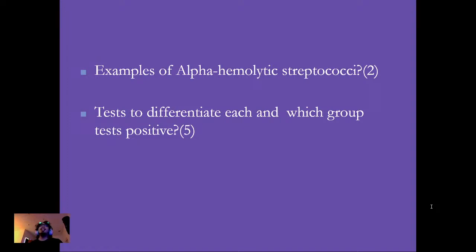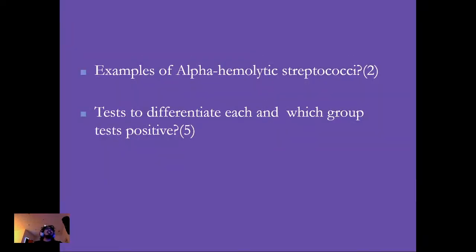Ano nga ulit ang other name for optochin? O ayan, nagsagot dalawa. Yung iba hindi sumasagot, bahala kayo. Sabi ng kaibigan ko, may gaba daw ako. Taxo P po. Ano yung Taxo P?